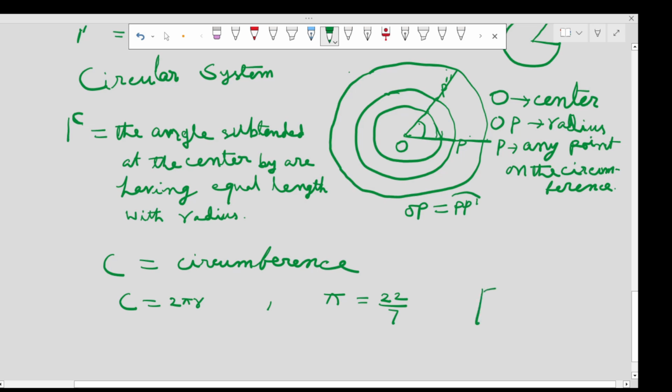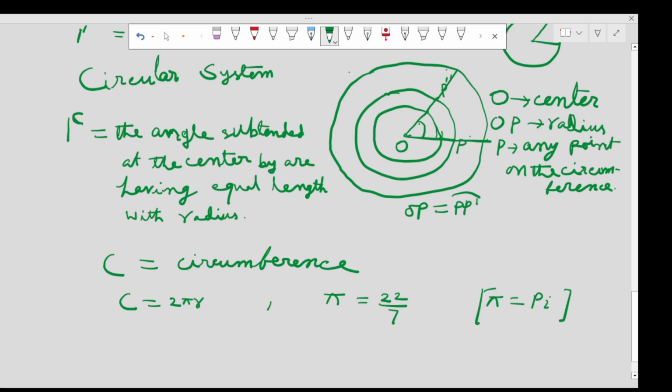Practically pi is an irrational number. No one has determined the exact value of pi, but always you will consider the value of pi as 22 by 7.